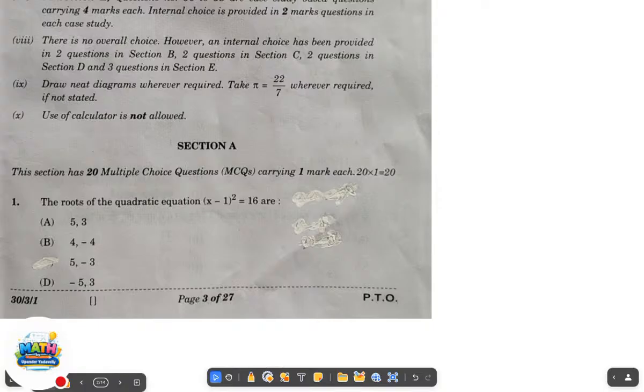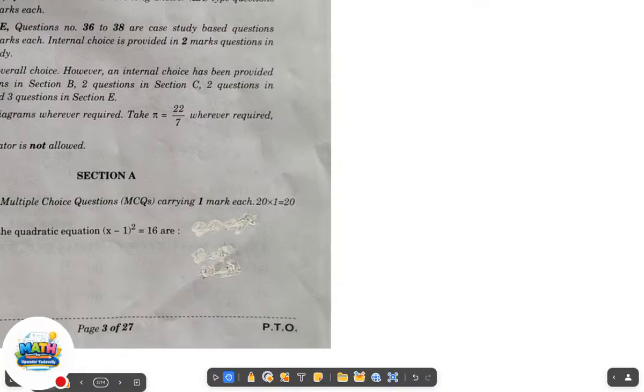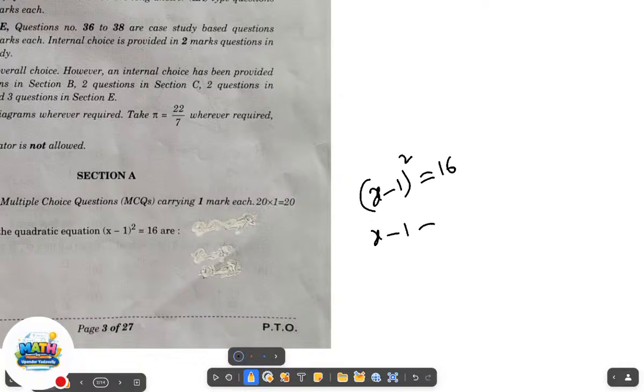What is the given quadratic equation here? It is given that (x minus 1) whole square is equal to 16, right? So now it is x minus 1 equals square root of 16. Now we know that when 16 comes out of the square root, it is plus or minus 4. So x minus 1 is equal to plus or minus 4.